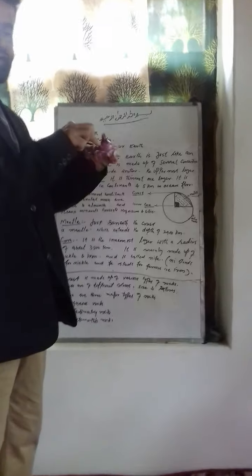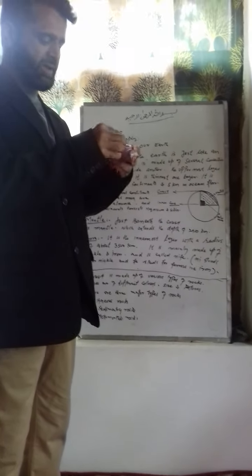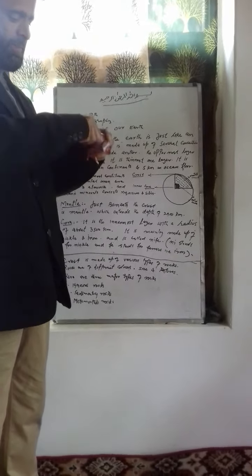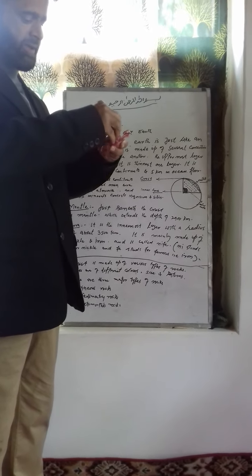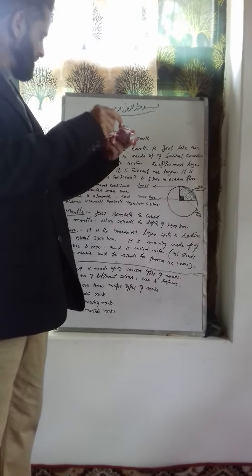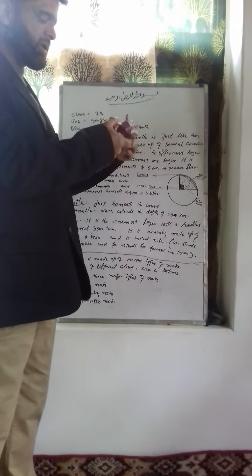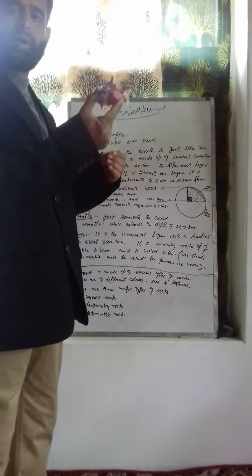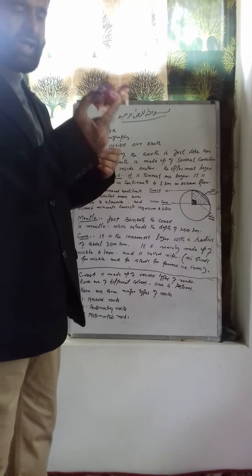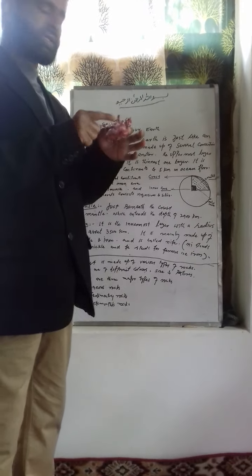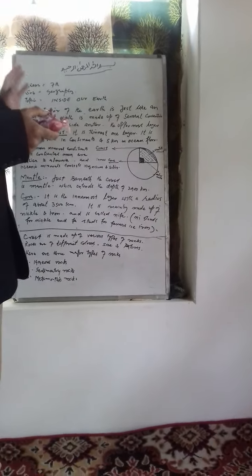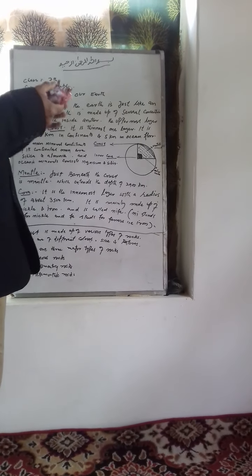When we open this second layer, the third layer consists, and then the fourth layer. So this onion is made up of different layers. So is the case with our planet, which is known as earth. Earth is also just like an onion.